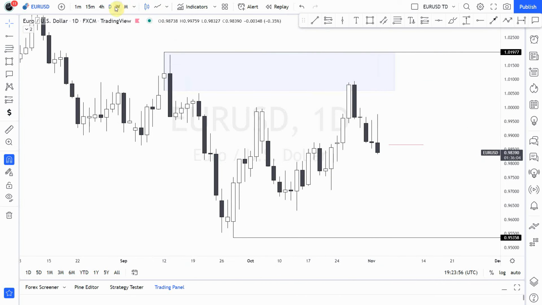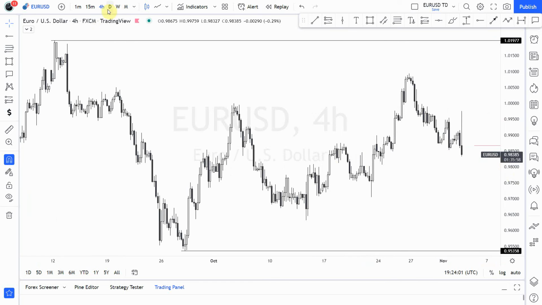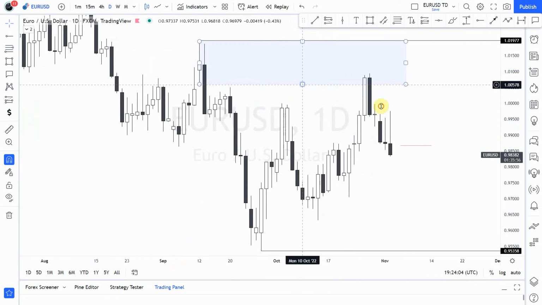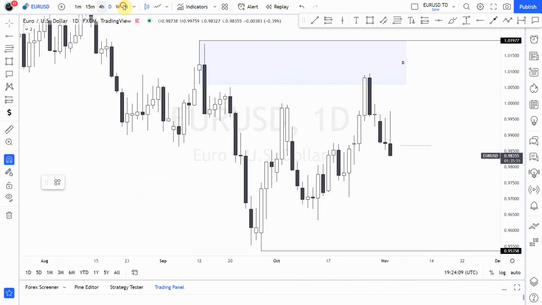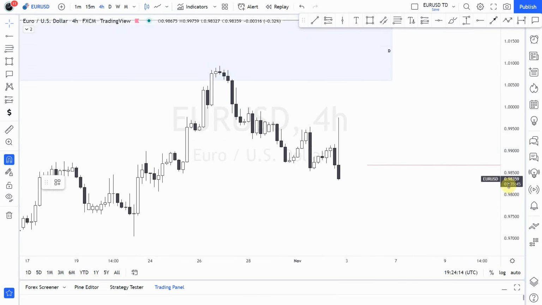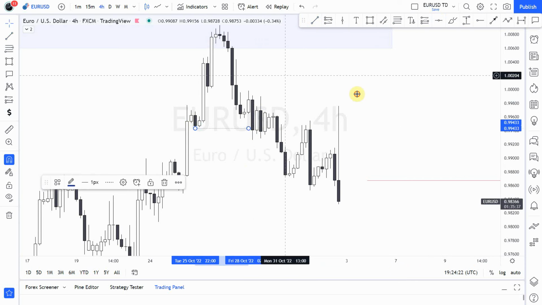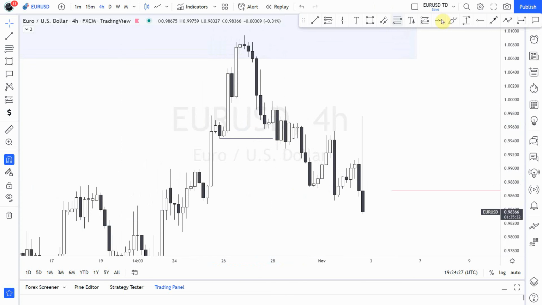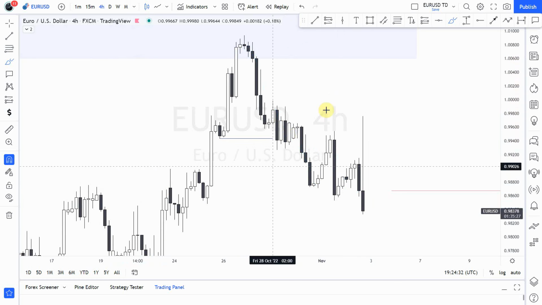So let's just go to the 4 hour. Okay, great. From the 4 hour you could already tell that we've been breaking the 4 hour structure, this being the last 4 hour low that we just broke, and we have moved quite aggressively but in a very corrective manner to the downside.